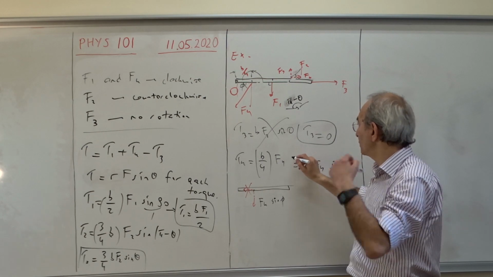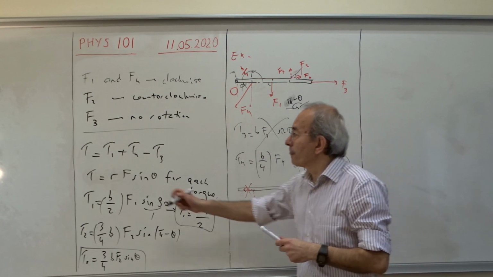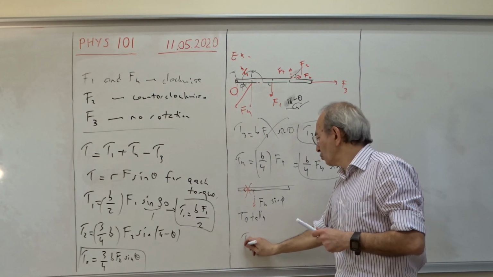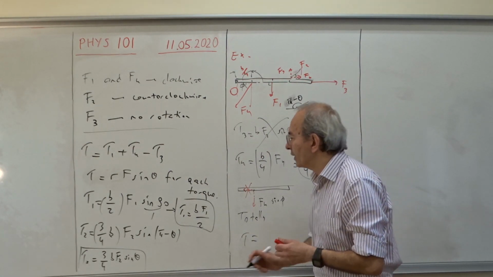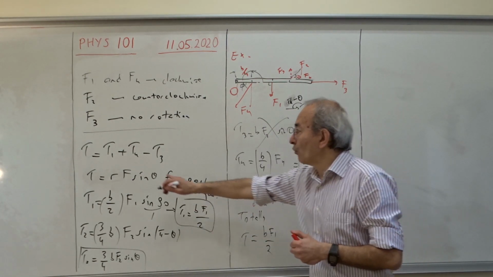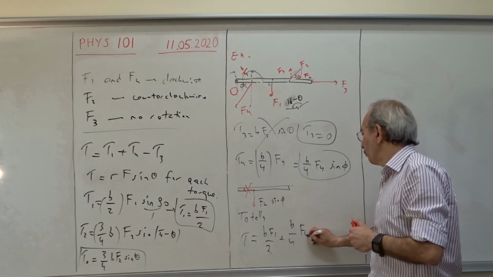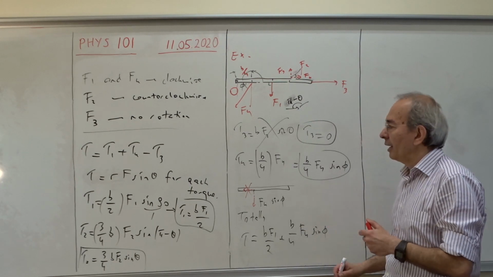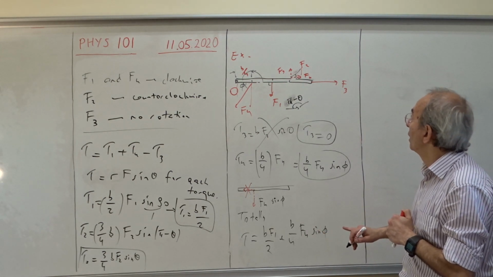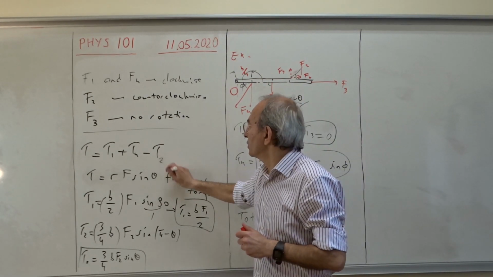So totally, we should add the first and fourth and subtract the third from them. Totally, tau is equal to, just the magnitude, b F1 over 2, plus tau 4, which is b over 4 F4 sine phi, and minus tau 3, which is, tau 2, yes, this is the second one.